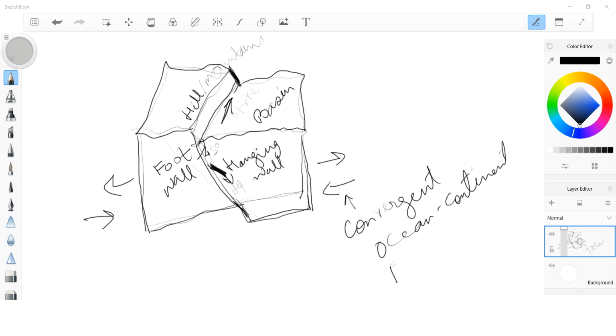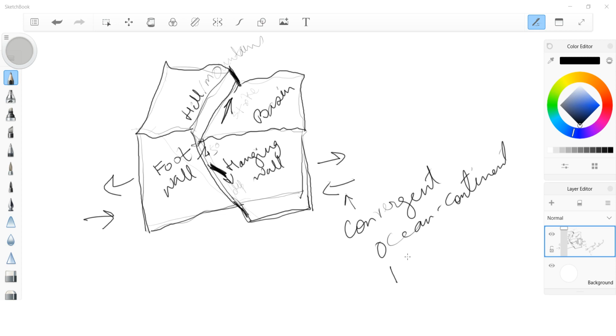Another example is when two continents are colliding, another case of convergent plate boundaries. In the case of the Himalayan mountains, the Indian subcontinent plate is hitting against the Eurasian plate, and there also you will see the Indian continental plate riding over the Eurasian plate.